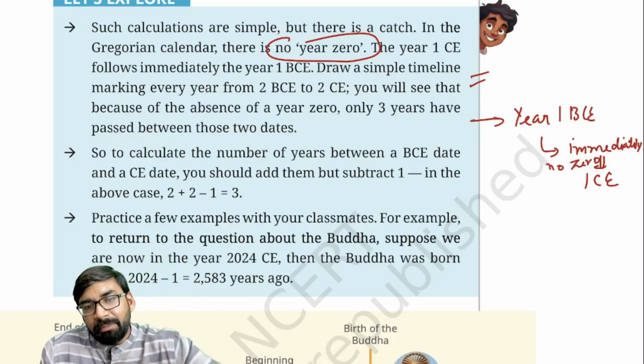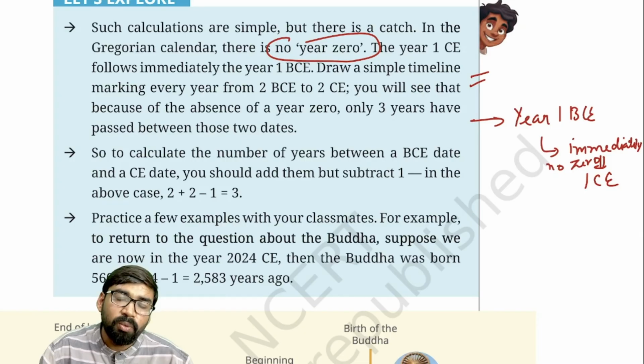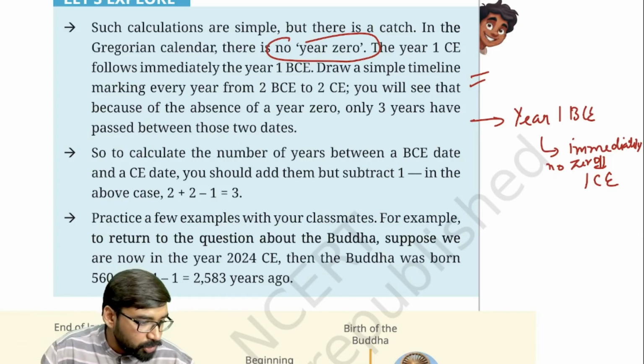Immediately after 1 BCE, 1 CE came. That is the common era, the birth of Jesus Christ.